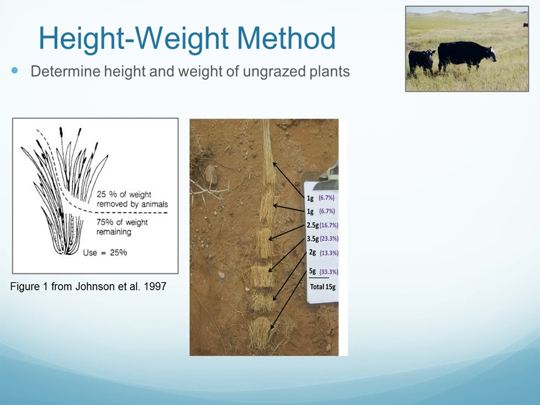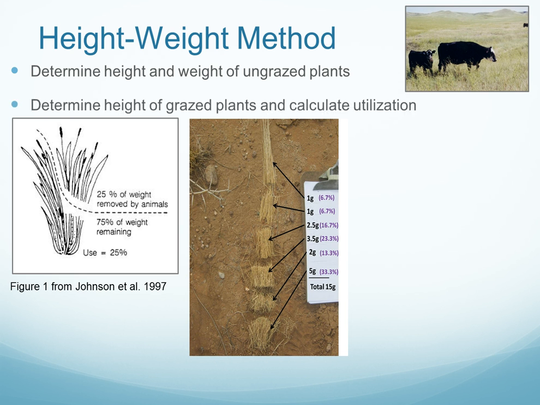And so in order to do the height-weight method, we have to develop a regression relationship, or sometimes we will iteratively measure the height and weight of plants that are ungrazed, and then determine the proportion of the weight in those ungrazed plants as sections or segments of that plant.